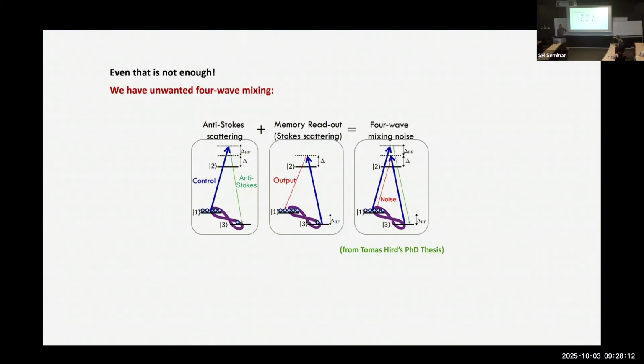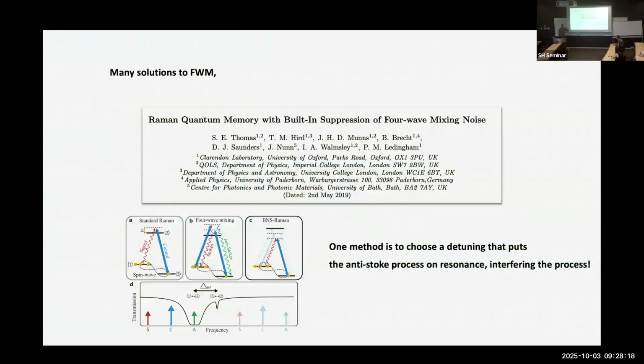For almost 10 years, this was the main problem of getting quantum memories to be at the single photon level. There are a number of different techniques that have been invented. All of them work. This is one by Ian's group that ends up working as well. To summarize it very quickly, you intentionally choose the off-resonant condition of your memory such that the anti-Stokes scattered light ends up being absorbed by one of the line widths of your system.